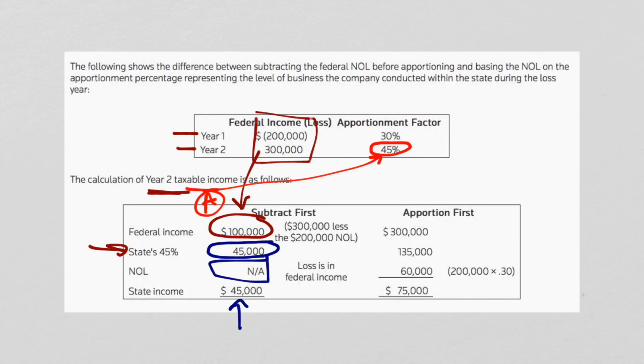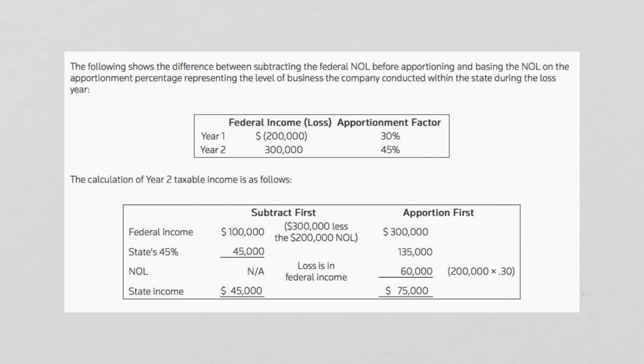Okay, now that leaves us to state two, or a different tax law if the state did it differently. And let's see what happens now. Now, this state says we'll start with the income from the federal return before applying the net operating loss carry forward. So this was the federal taxable income before applying the net operating loss.